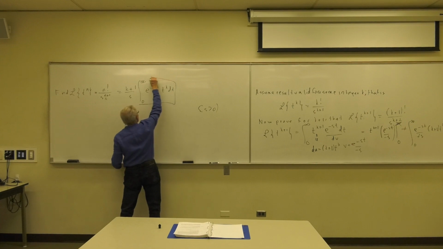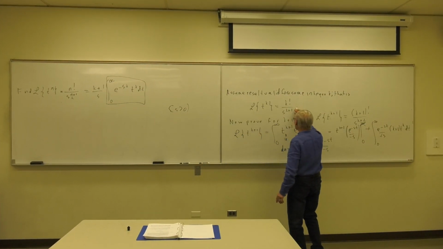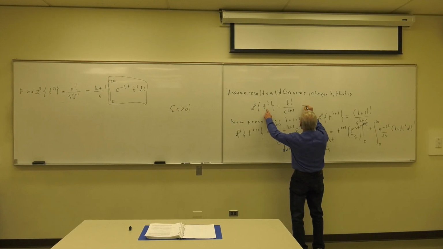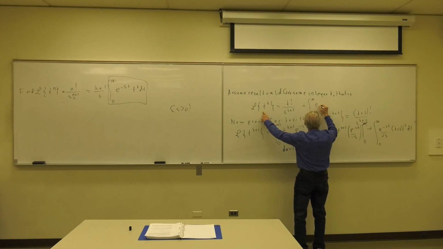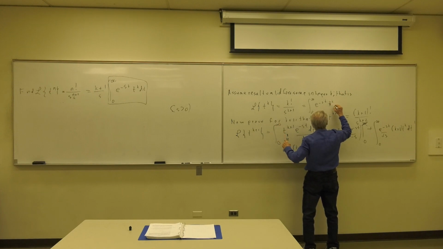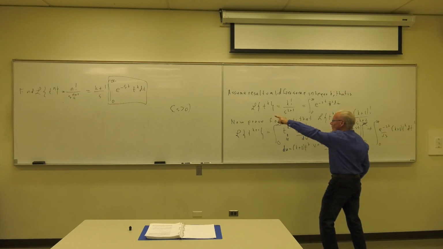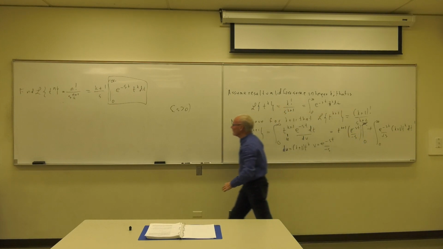What is that? I assumed the result was true for k. What did I assume? I assumed that the integral from 0 to infinity of e to the minus st, t to the k, dt was equal to this. That's exactly what's sitting there. So for the box, I can put that in.